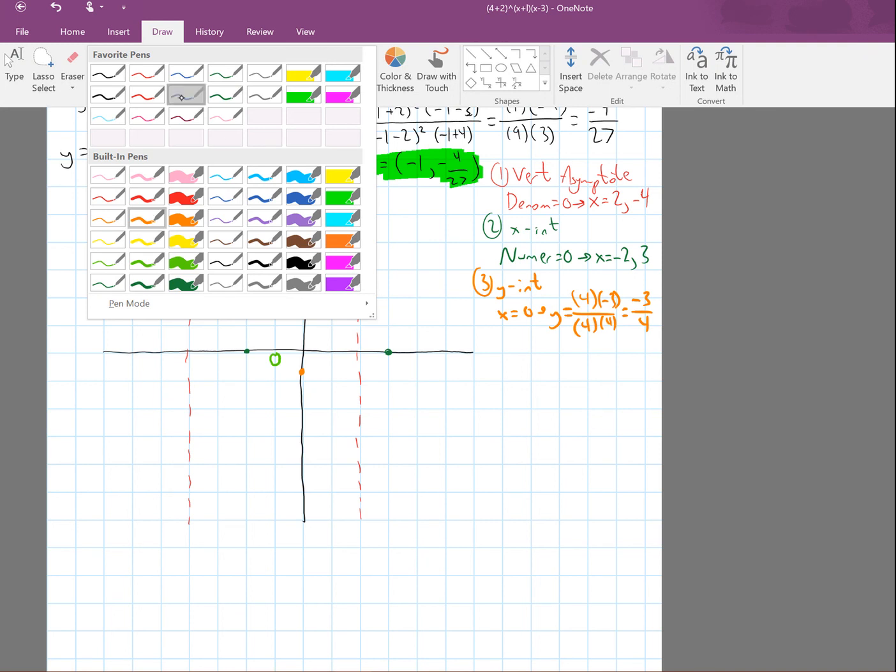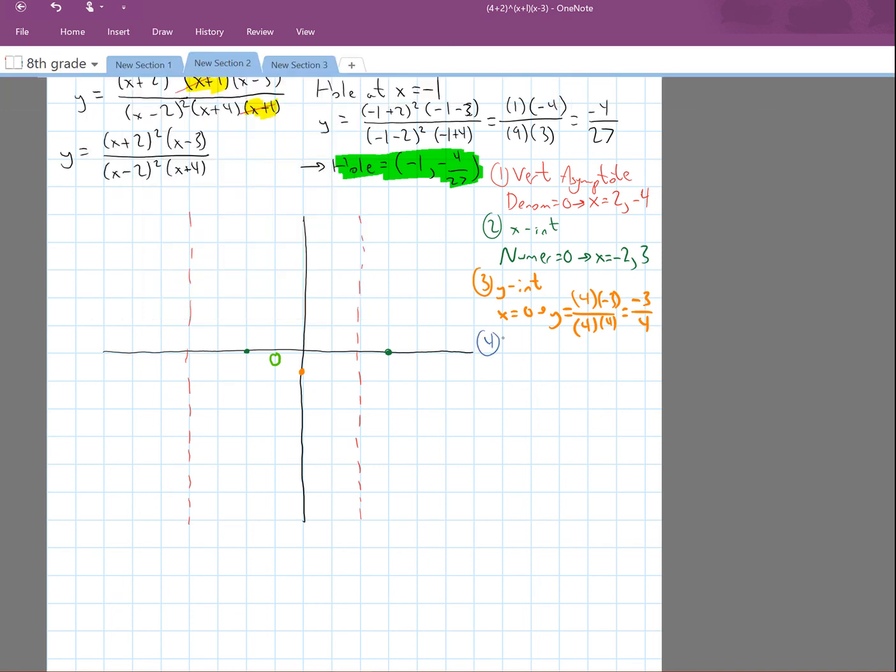We've been doing now just blue for the horizontal asymptote. Same thing is going to happen. I don't want to do it out here, but if you plugged in infinity for x, then y is going to equal 1.